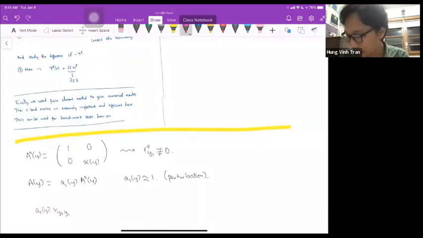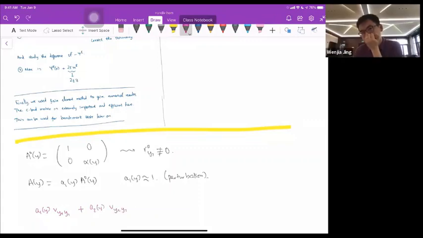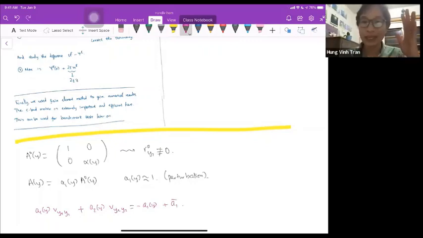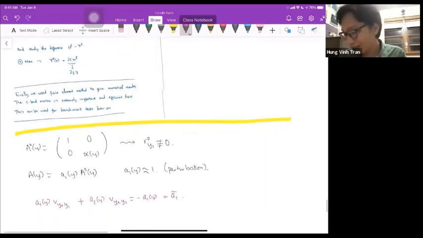Write like this. So plus A2 of y, y2 equals A1 of y or whatever, plus A1 bar, something like that. And then we do it in the ad hoc or reverse way, because from here we can just write out A1 of y, right?